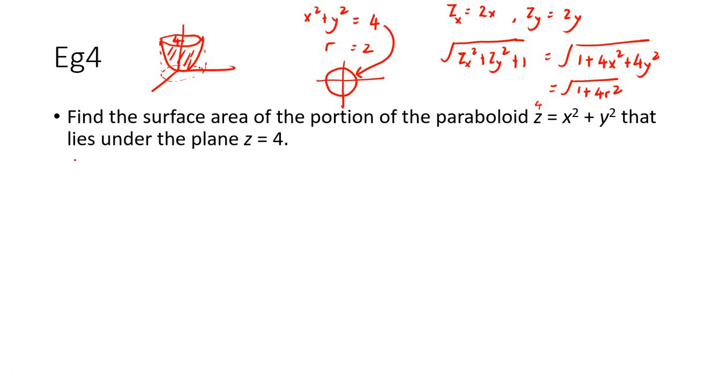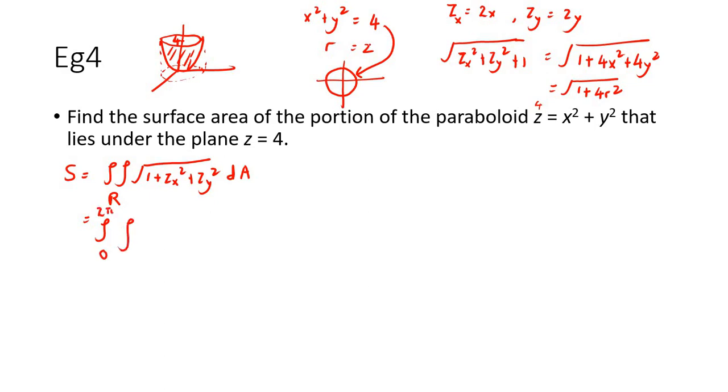Now put up the formula of the surface area. It's actually a double integral. The integrand is the square root of 1 plus zx squared plus zy squared dA over region R. Region R is circular, so we use polar coordinates and it's a full circle, so theta from 0 to 2 pi.